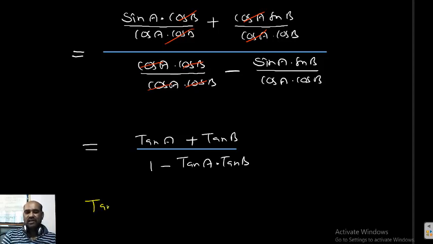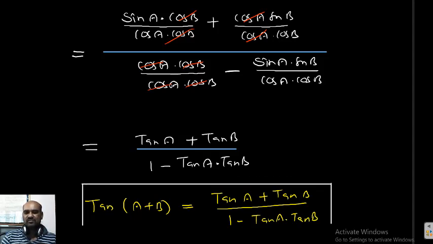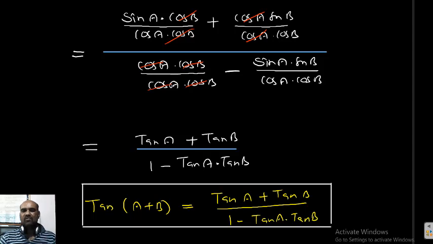What I got? Tan of A plus B equals tan A plus tan B by 1 minus tan A into tan B. This is the formula for tan of A plus B, provided A, B and A plus B are not odd multiples of 90. Should remember this.